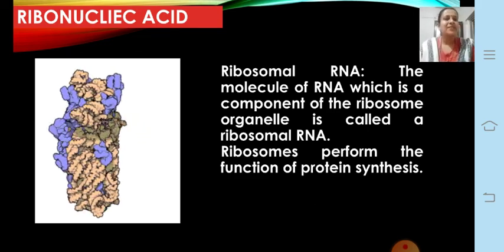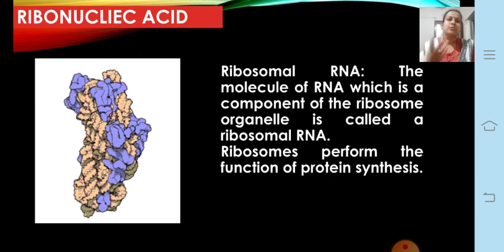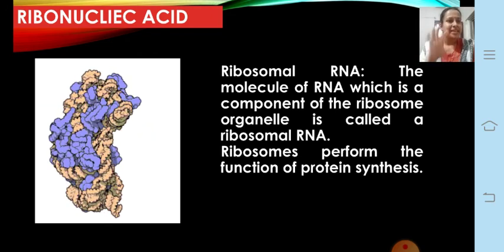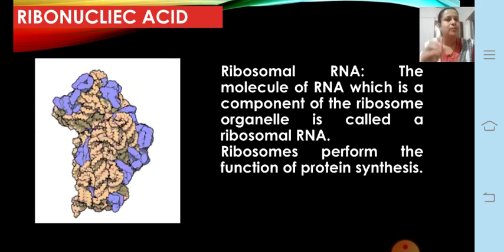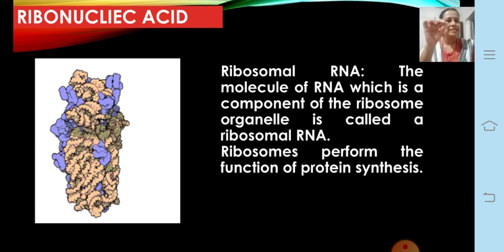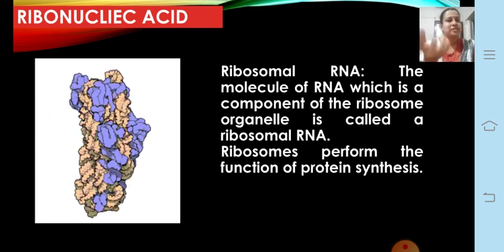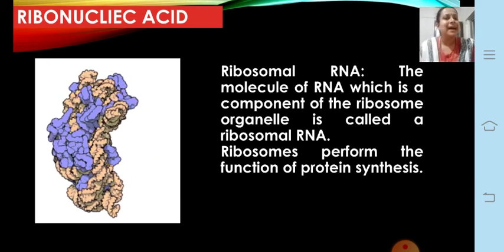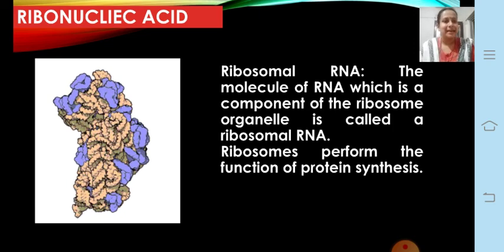So it is the RNA molecule which is a component of the ribosome, that means ribosomes present in the cell. If you have studied the cell structure, you will understand there are ribosomes on the endoplasmic reticulum. These ribosomes consist of this RNA, and since it is present on the ribosome, it is called ribosomal RNA.